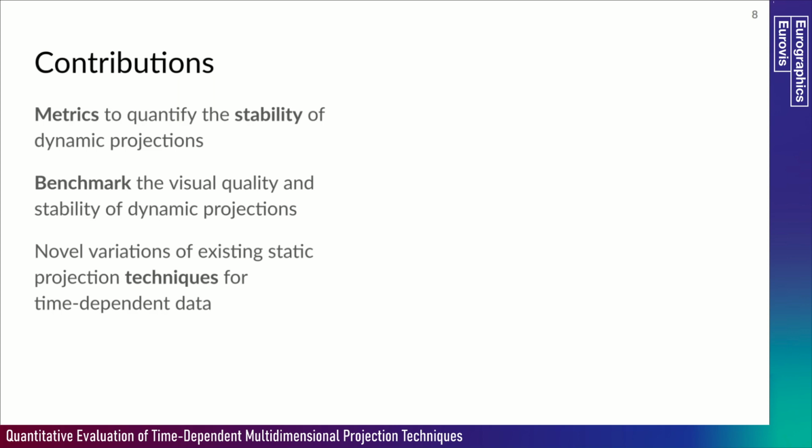We created a benchmark with techniques, datasets, and metrics to study the performance of dynamic projection techniques. This benchmark is publicly available, and we hope it helps guiding future research on the topic. We introduce and test novel variations of existing static projection techniques under the context of time-dependent data.